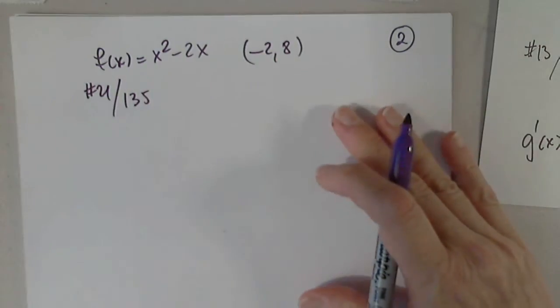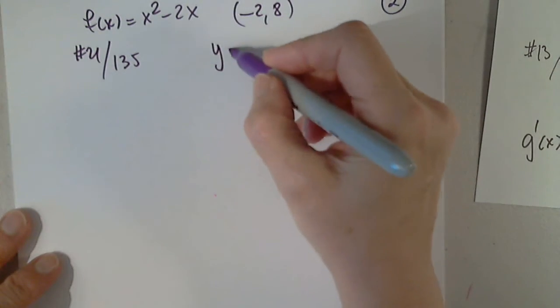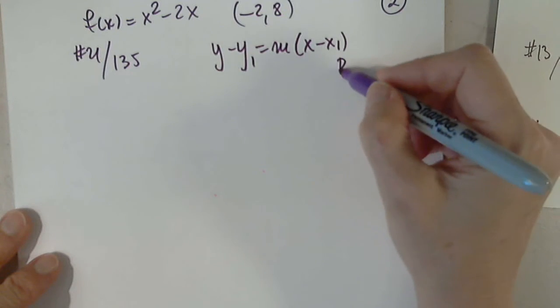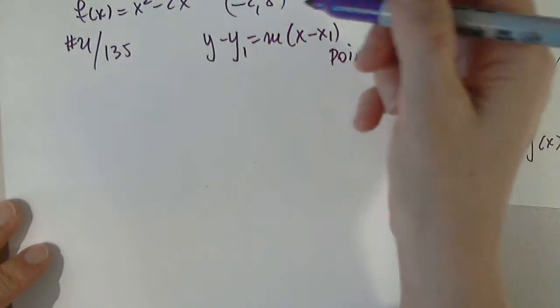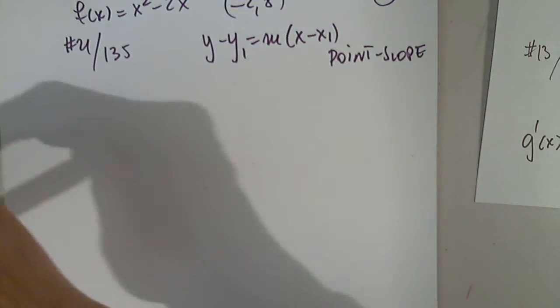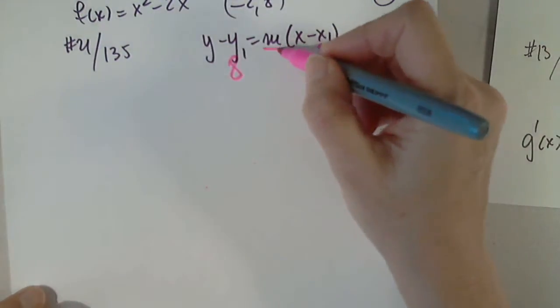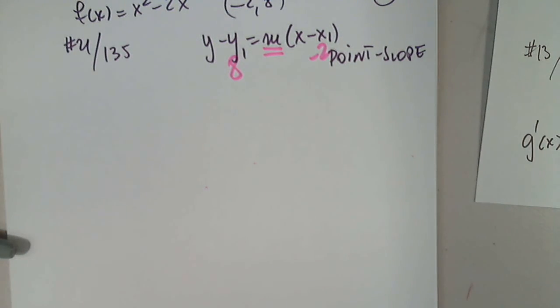So in order to find the equation of the tangent line, I have to remember the equation that is called point-slope form, in which the point is given to us as being negative 2 comma 8, but I have to determine the slope. That's something I don't have, and without which I cannot determine the equation of the line.